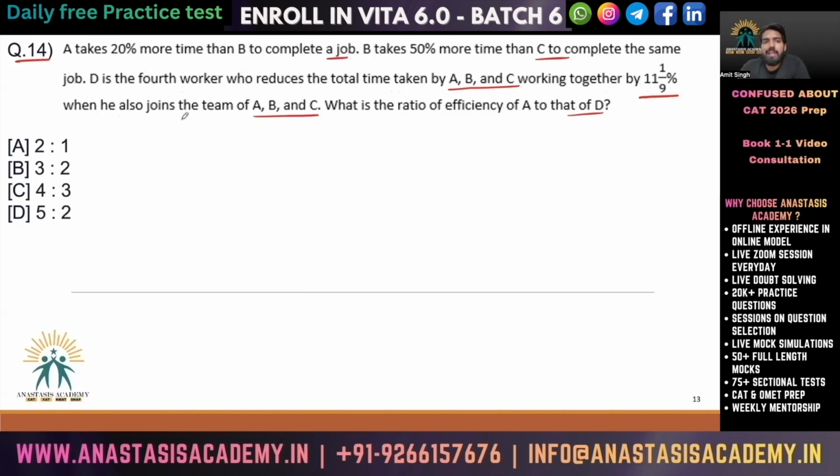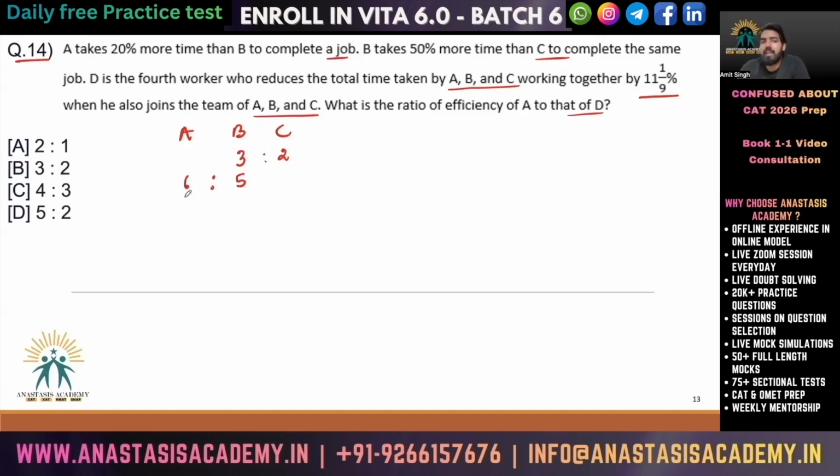Okay, so A takes 20% more time than B, and B takes 50% more time than C, right? So if C takes, let's say, 2 units of time, then B takes 3 units of time, and A takes 20% more time than B. That means the ratio of time taken by A and B would be 6 is to 5.